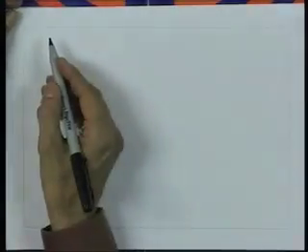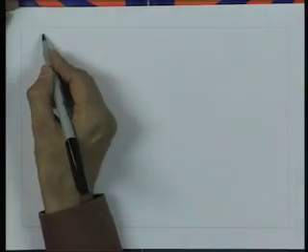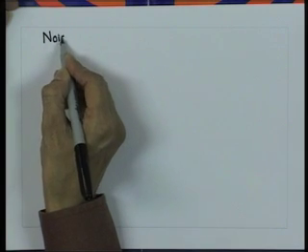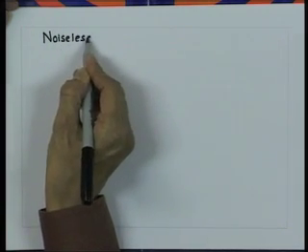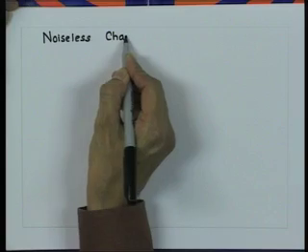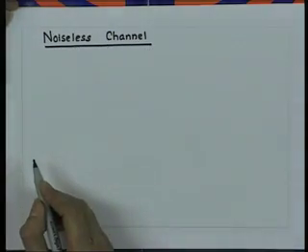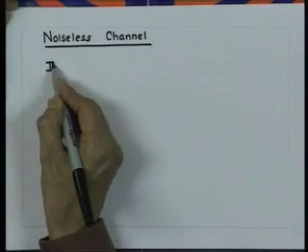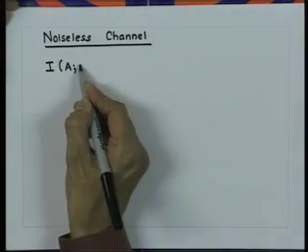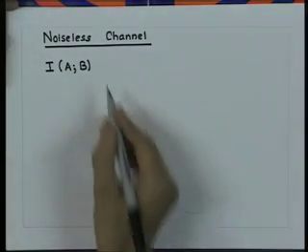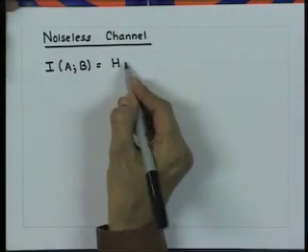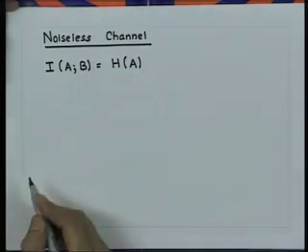Now, let us look at the capacity for a noiseless channel. We had seen earlier that mutual information of a noiseless channel is given by H(A).